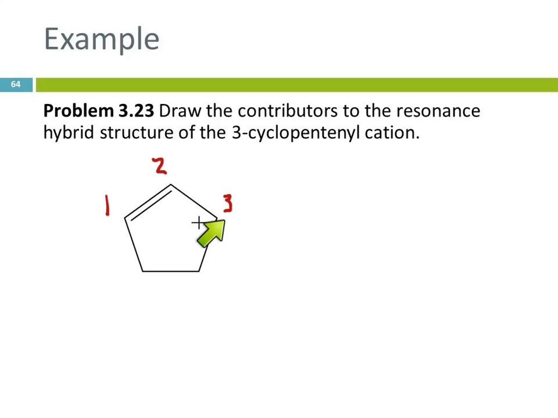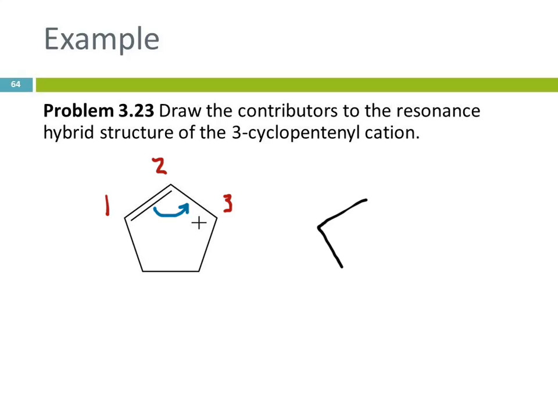Yeah, it is. Here's the carbocation, the carbon with the charge on it, and if we go one carbon over, there's a carbon with a double bond. So what can these electrons do? They can move over here, right? A two-headed arrow means that they're both moving.